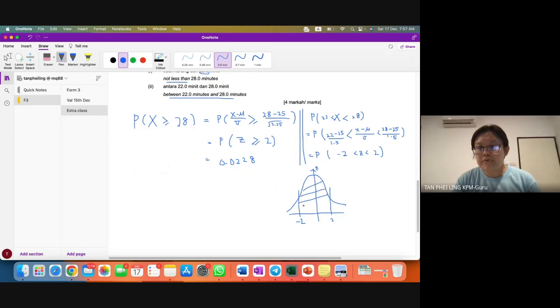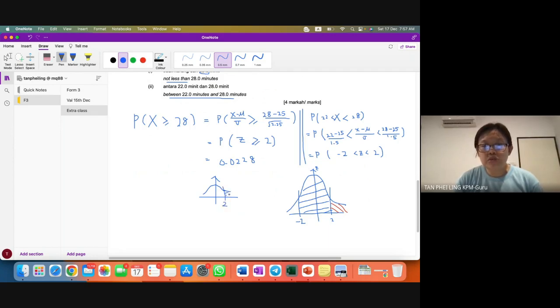But remember, our table gives us the reading only for more than. So it cannot help us with this part. See here, they want Z score more than 2.